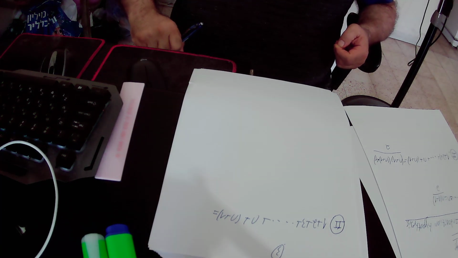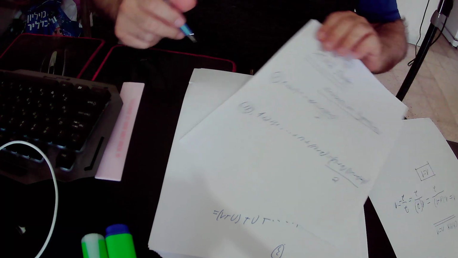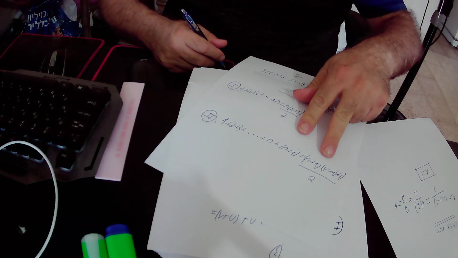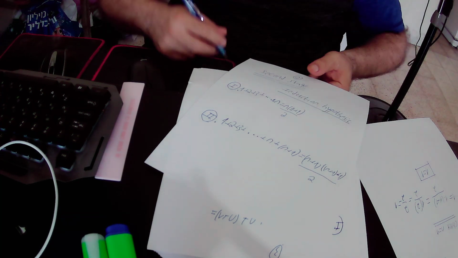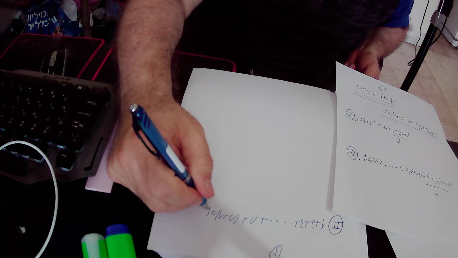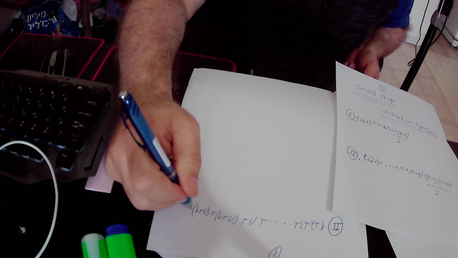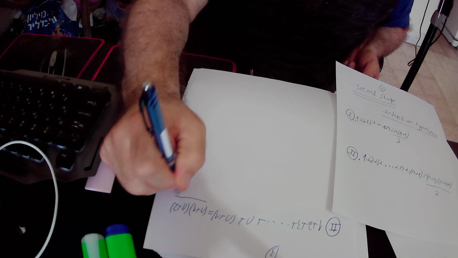And as I've already told you, we have here n plus 1 times n plus 1 plus 1, so it will be n plus 2, all divided by 2. So we will write here n plus 1 times n plus 2, all divided by 2.